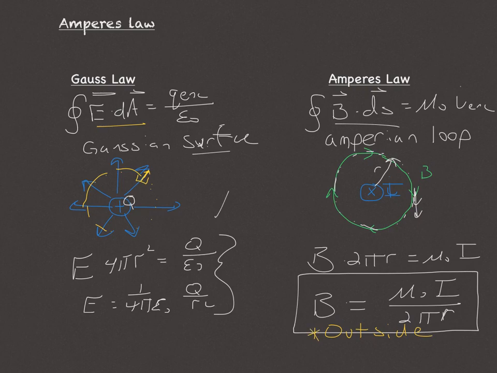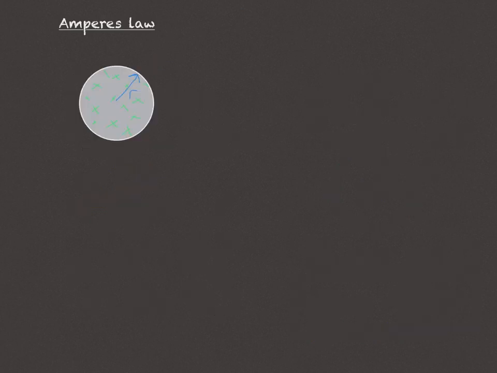If we are inside the wire, it still behaves a lot like Gauss's law, but those are the hard problems with uniform charge distribution. So let's look at one of those. All right, so here would be a wire, and we're really zooming in on here, so we have current going into the page again, and it's evenly distributed throughout the wire, so there's not more current towards the center or the outside.